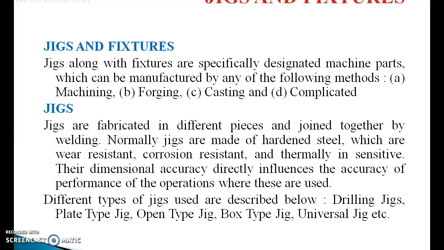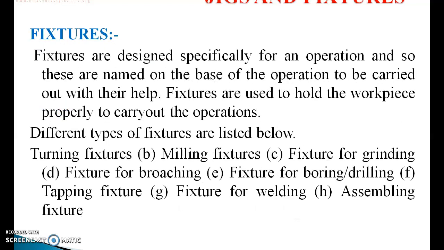So let's know the definition of jigs. A jig may be defined as a device which holds and positions the work, and it locates or guides the cutting tool relative to the workpiece, and usually is not fixed to the machine table. Let's know the definition of a fixture.